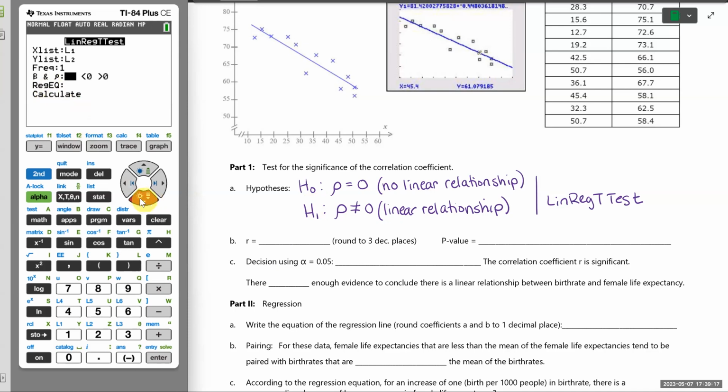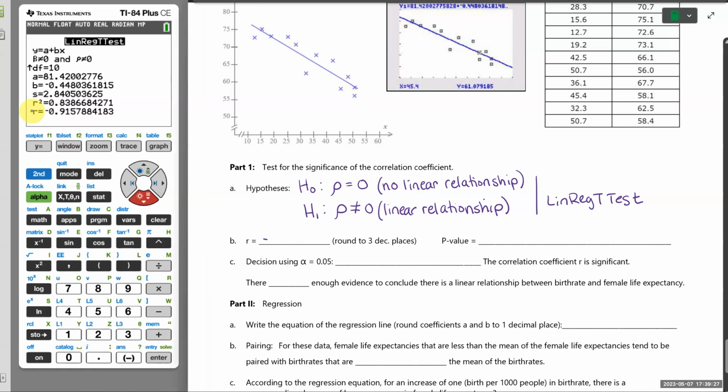Regression equation, you can leave that blank, and then I'll hit calculate. I'm going to scroll to the bottom of that screen and we'll find our sample correlation coefficient. I'm going to round that to 3 decimal places, so that's 0.916. So that does appear to be getting close to a 1.